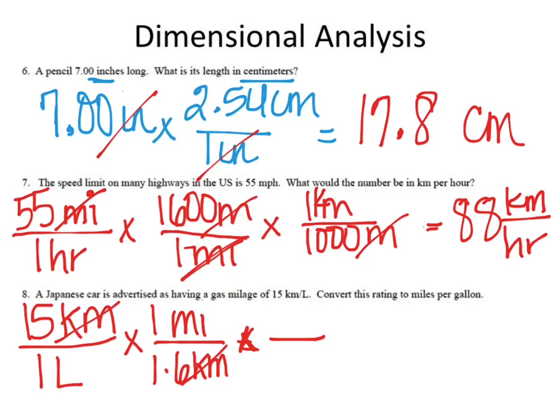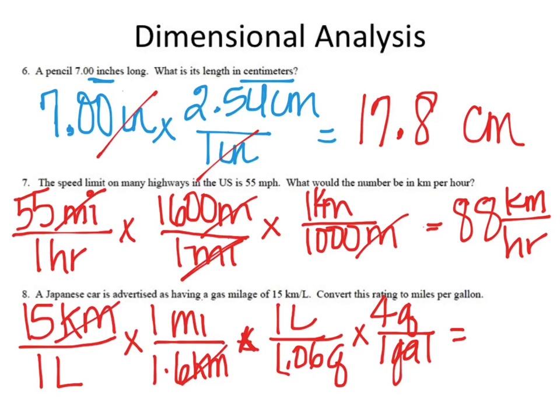So for every 1 liter, there is 1.06 quarts. And there is 4 quarts per gallon.